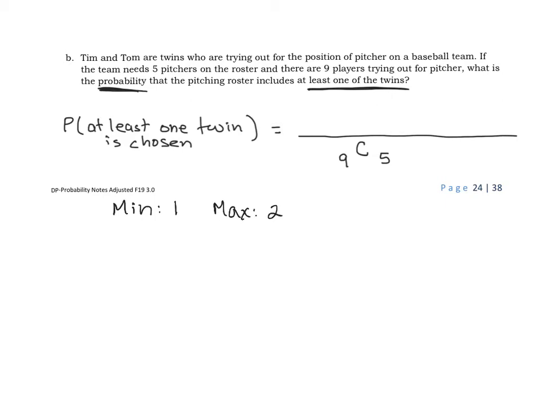So that means we'll have 1 twin. Let me see how many people are going to make it: 5. So 1 twin and 4 others, that could happen. Or you could have 2 twins and 3 others.